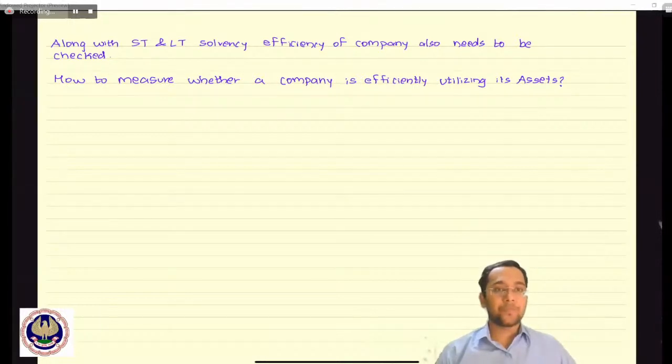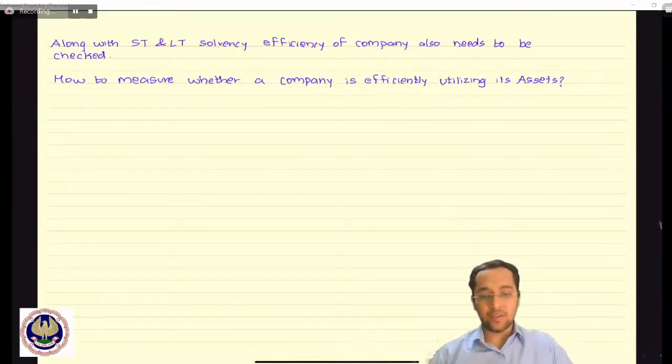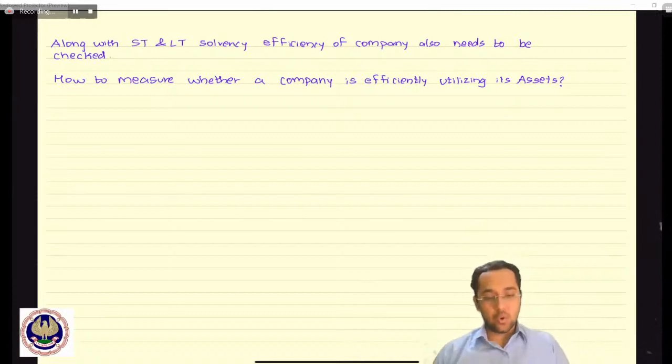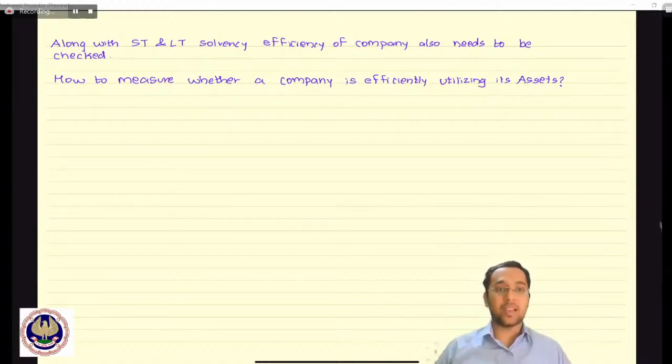So we start today's session with the question that since we have seen the short-term and long-term solvency, we also need to check the efficiency of a company with regards to how well the company is utilizing its assets, how well a typical company or a business entity is utilizing its assets to the best possible extent.